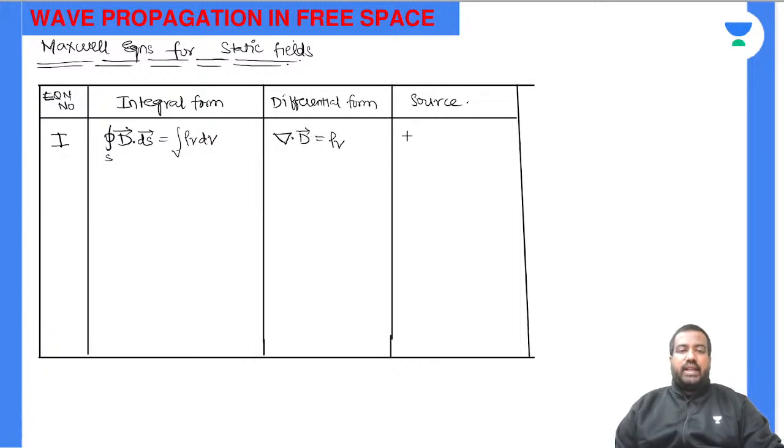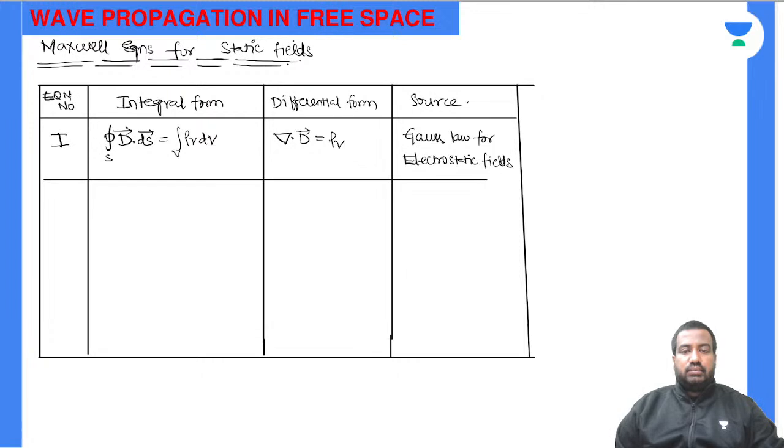Differential form: del dot D is equal to rho v. Source: Gauss law for electrostatic fields. Am I right? What is the second equation?